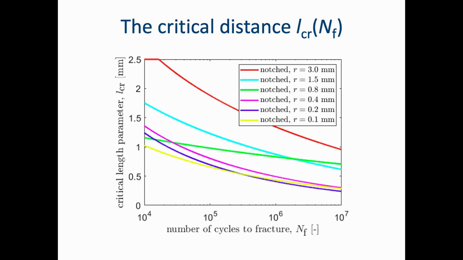When we determine the critical distances, we get these curves, these dependencies of the distances on the number of cycles to failure. You can see that the distances depend on the number of cycles to failure, but they differ also for different notch radii. And now when we take, for example, the green curve as a calibration curve, we can predict fatigue lifetime of other notches by means of the green curve.